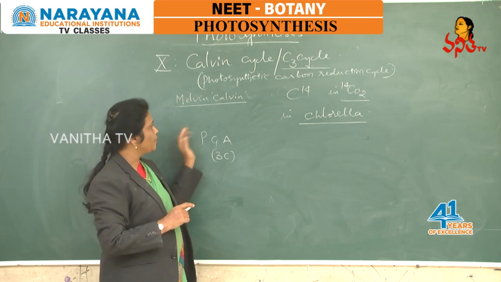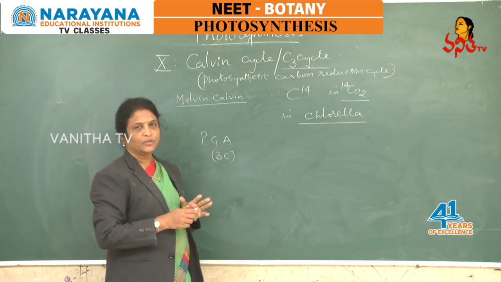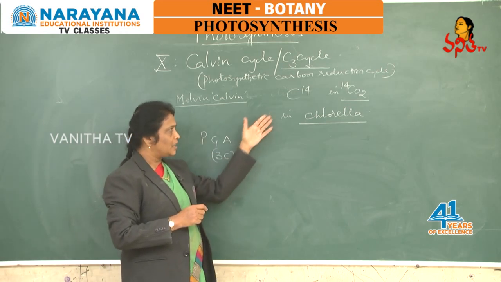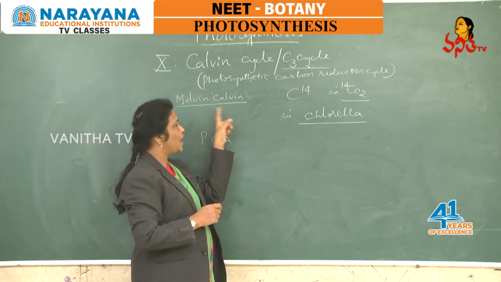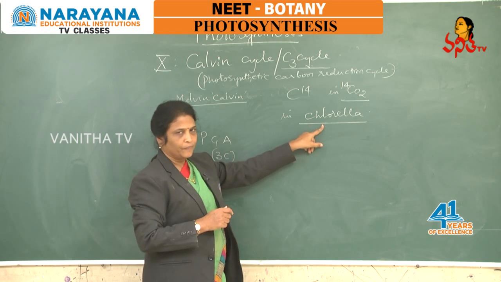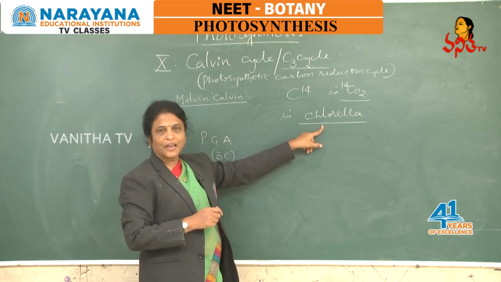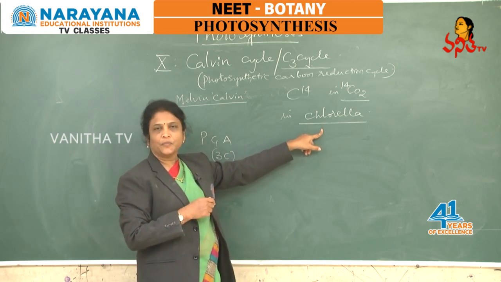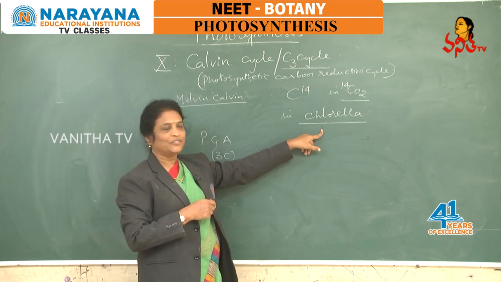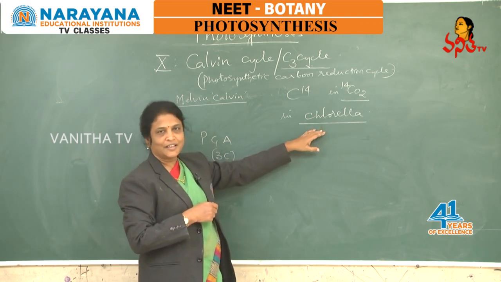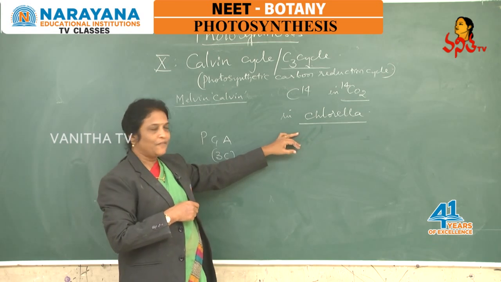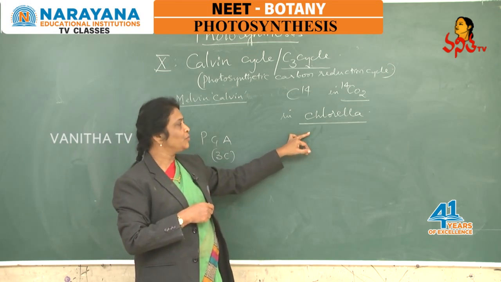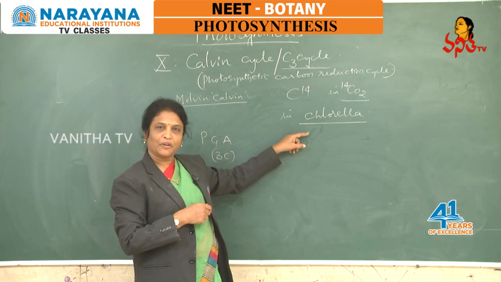Okay. Now, how did Calvin trace out this pathway? For that we have some information. Calvin experimented on chlorella, the unicellular green alga. Already we saw that chlorella is the experimental tool in light phase reactions also. So, chlorella is the unicellular alga and the main photosynthetic tool which is used to study both light phase and dark phase reactions.